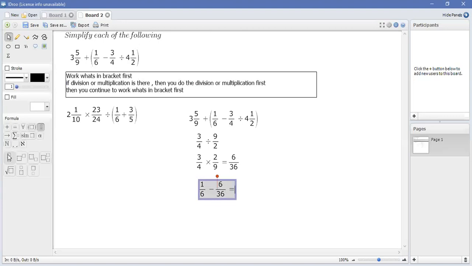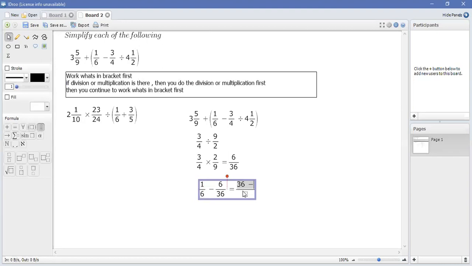Here's the procedure now. We're going to multiply 36 times 1, which gives you 36. A minus sign. 6 times 6 gets 36. So whenever you multiply with the denominator, 6 over 36 is something little. That's my point, sir.